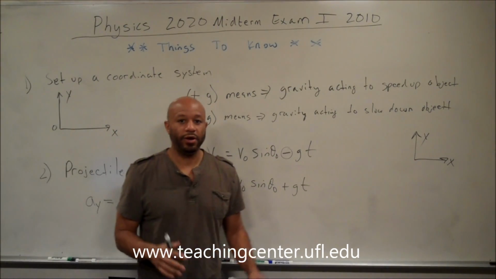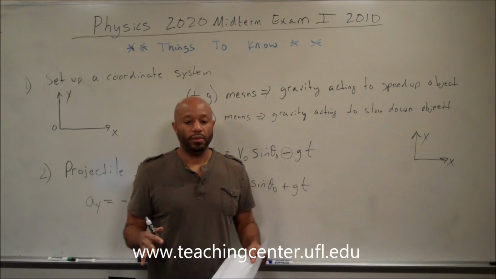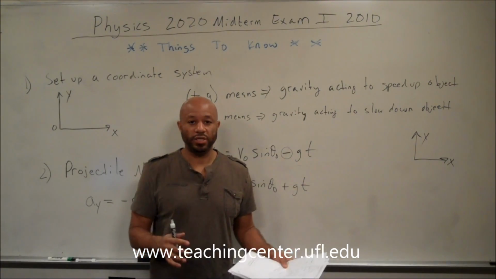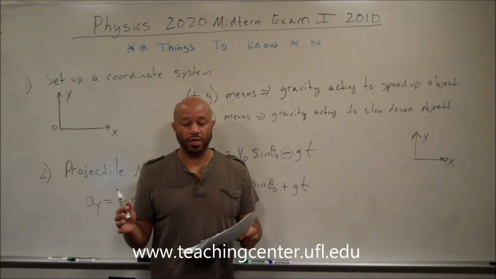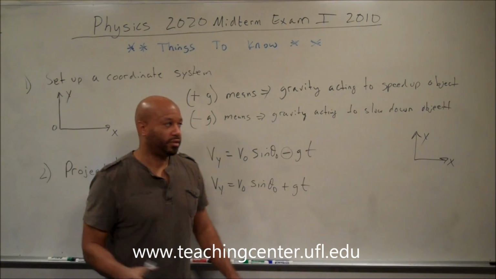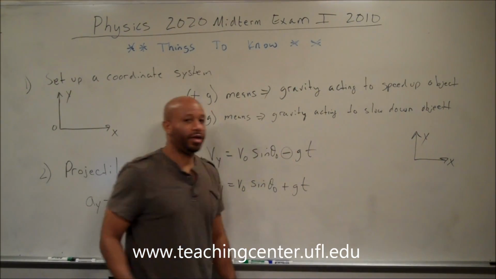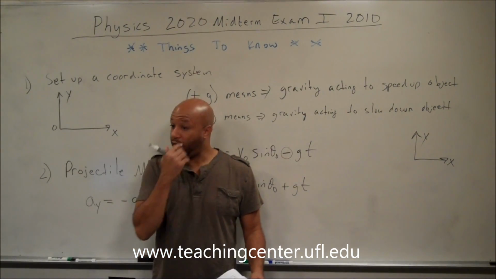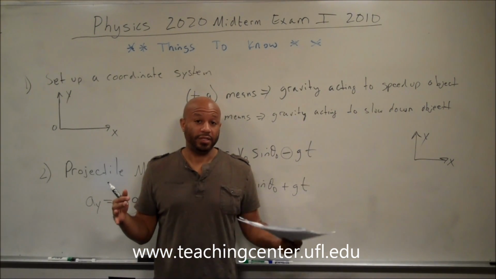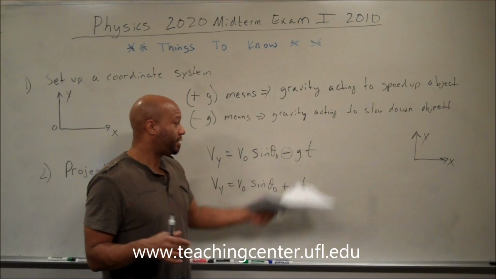When you have a plus sign here, you have to be mindful of what direction the gravity is acting. Is it acting to speed up an object or slow it down? But when we have the negative case, we're already taking into account that it's acting to slow it down.